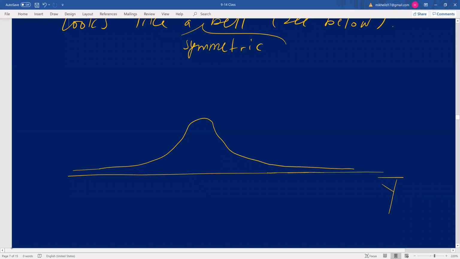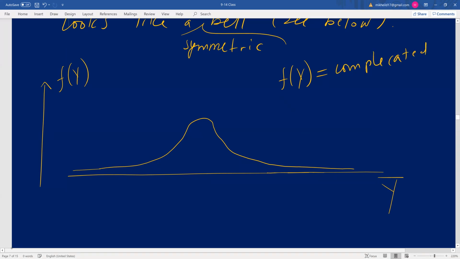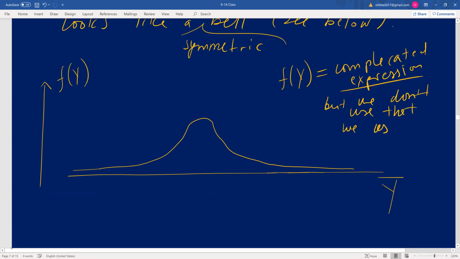That's how the density of the normal distribution looks. What do I have on this vertical axis? We have f of y. f of y has a complicated expression, but we don't use it. We use tables. That I will explain later.